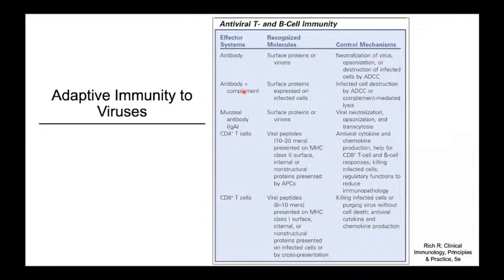Your CD4 positive T cells, usually the important function of the CD4 positive T cells is to produce cytokines and chemokines that would activate other cells, okay? And your CD8 T cells usually are cytotoxic.